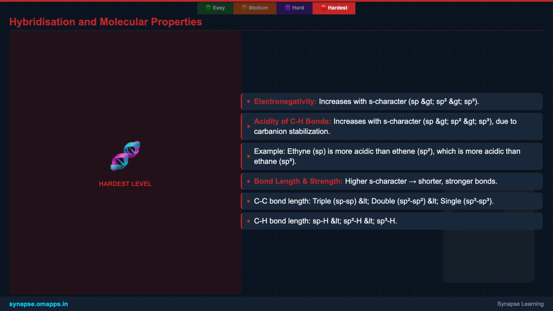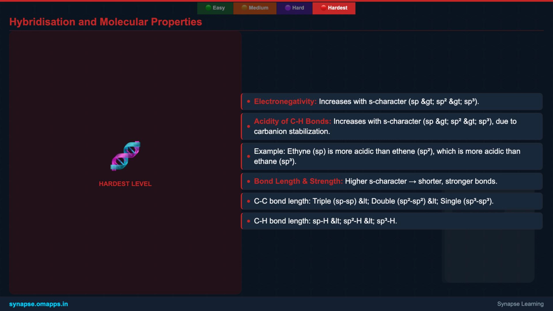This difference in electronegativity directly impacts the acidity of C-H bonds. For example, terminal alkynes with sp hybridized carbons are weakly acidic because the more electronegative sp carbon can better stabilize the resulting carbanion. This is why alkynes are more acidic than alkenes, sp², and alkanes, sp³.